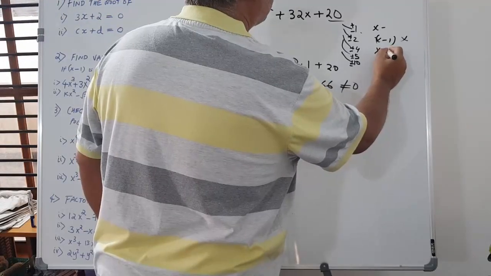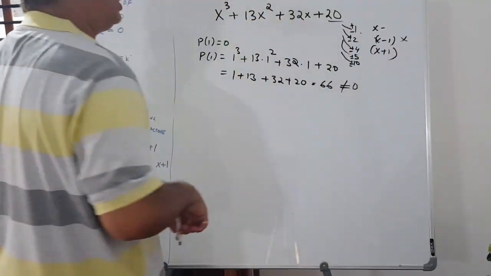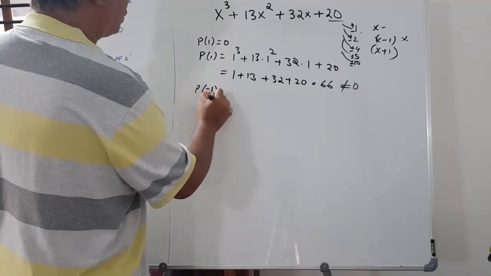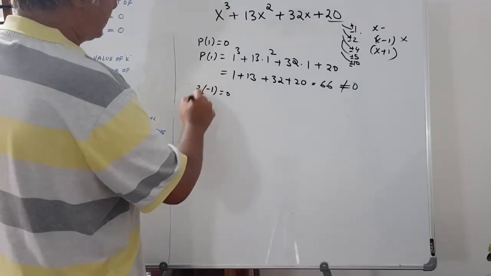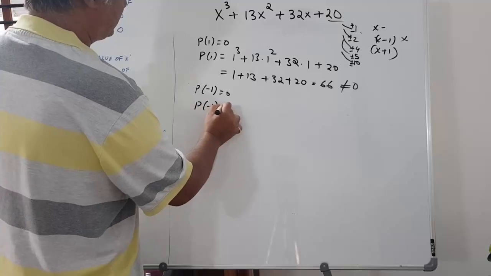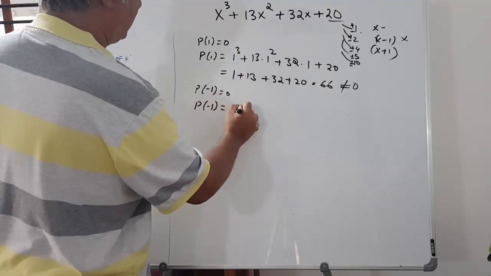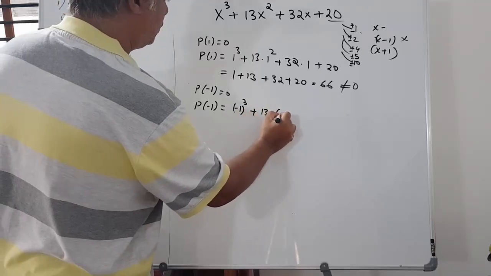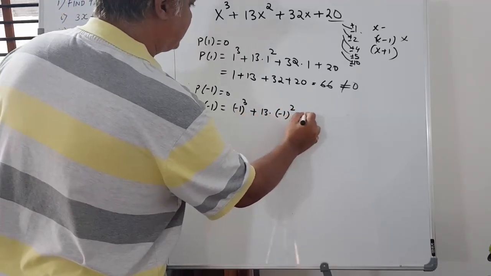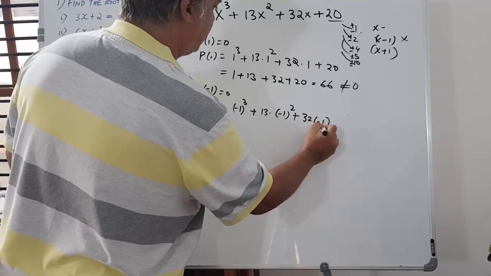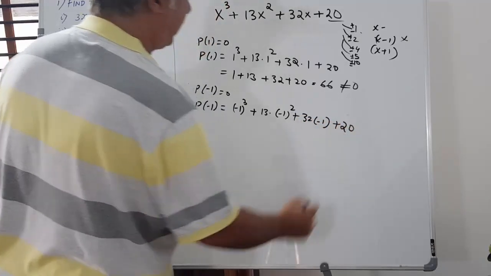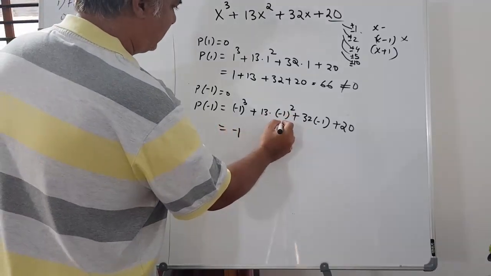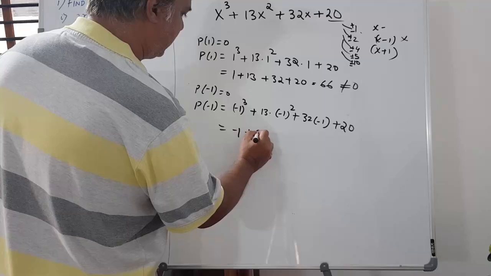How about x plus 1? Is x plus 1 a factor? If x plus 1 is a factor, then p of minus 1 should be equal to 0. Let's try. So p of minus 1 is minus 1 cube plus 13 into minus 1 squared plus 32 into minus 1 plus 20. Minus 1 cube is minus 1. Minus 1 squared is 1, so you'll get a 13 here.